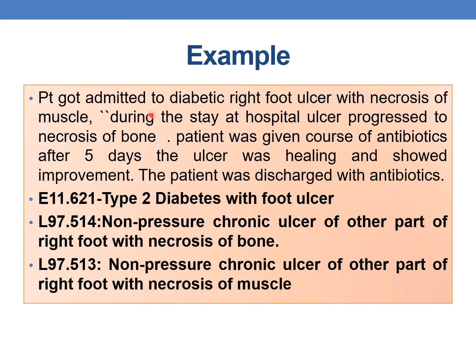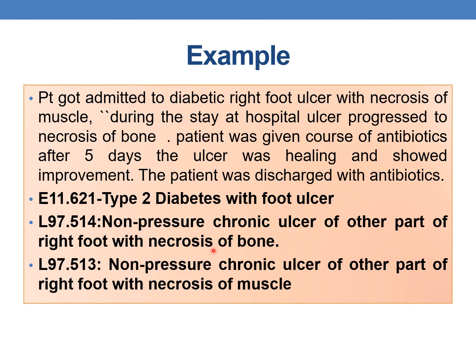So first you need to code the underlying condition, that is diabetes. He's a diabetic patient. The type of diabetes is not mentioned, so you need to code by default type 2. So E11.621, type 2 diabetes with foot ulcer, followed by first code for the severe stage, L97.514, non-pressure chronic ulcer of other part of right foot with necrosis of bone.